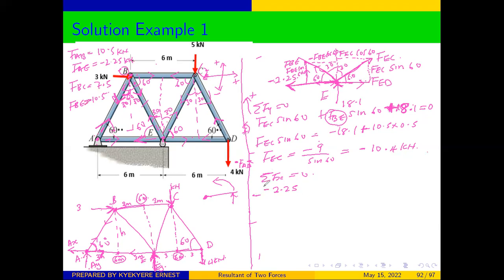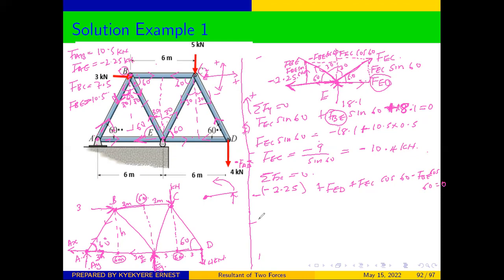Negative 2.25 plus FED, which is the force here, plus the horizontal component for this, which is FEC cos 60, plus the horizontal component for this, which is negative FDE cos 60, is equal to 0.